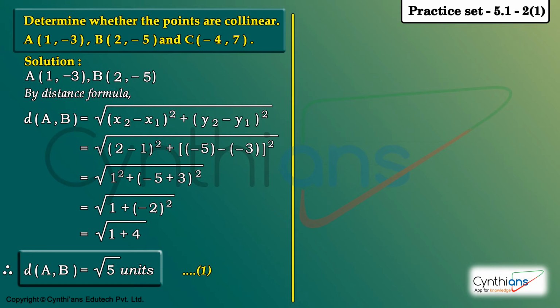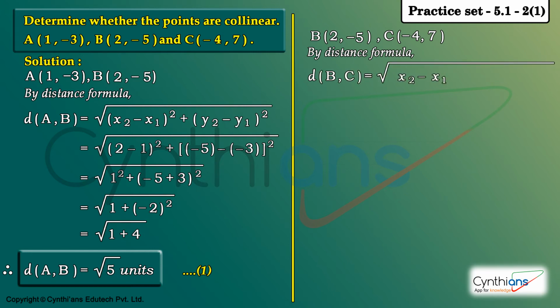Next, now take BC. Let's consider coordinates for point B as x1, y1 and coordinates for point C as x2, y2. x1 becomes 2, y1 becomes minus 5, x2 becomes minus 4, y2 becomes 7. Let's use the distance formula and find the distance between point B and C. Therefore, by distance formula, d of BC is equal to square root of x2 minus x1 the whole square plus y2 minus y1 the whole square.